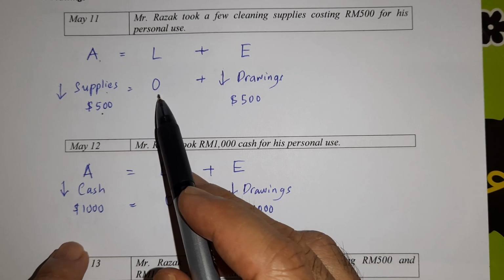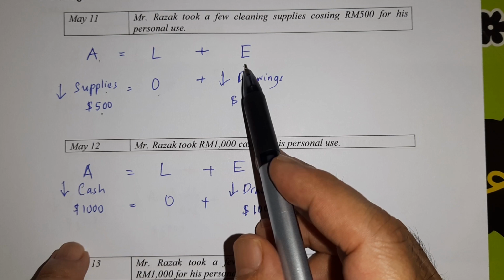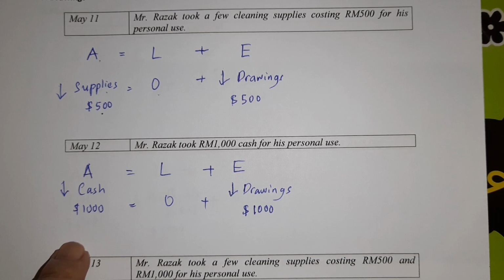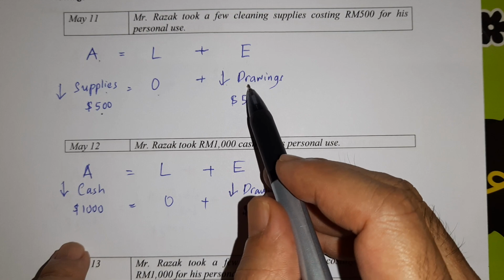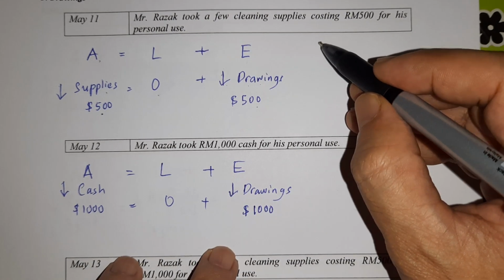No effect on liability of the business, but the owner's equity has decreased because the owner takes something. When the owner puts something into the business, the equity increases. But when the owner takes something from the business, the equity will decrease. The account that you use to record this is the account drawing. The amount is 500.